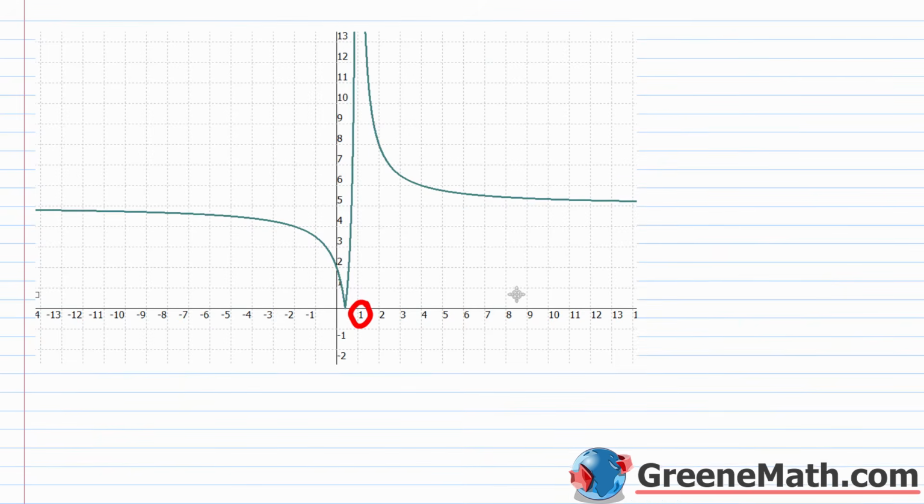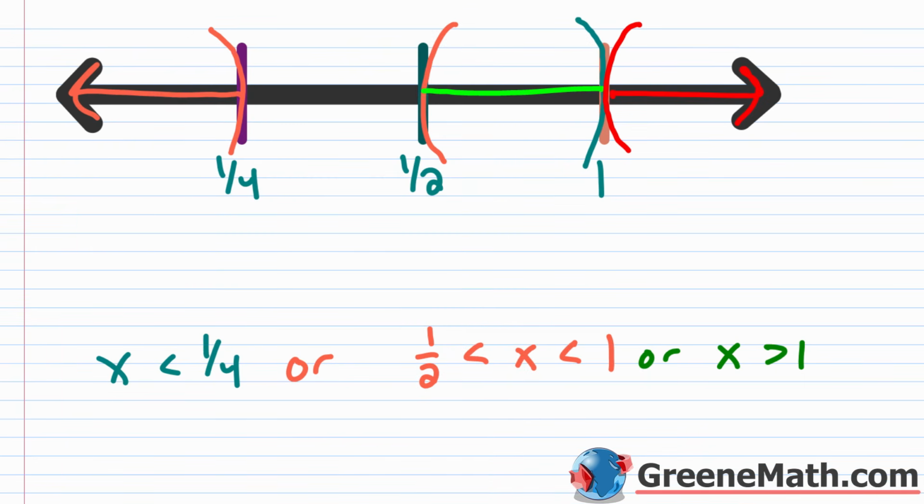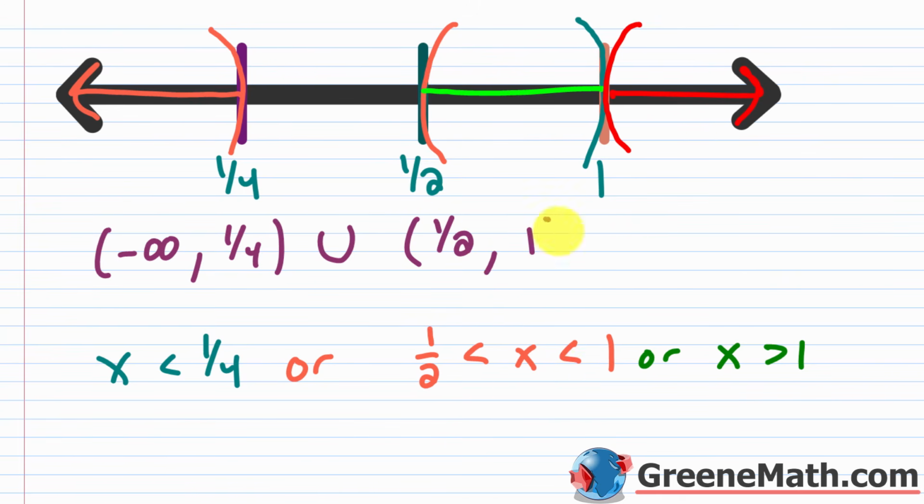For right now, let's go back and think about this in interval notation. Basically, I would start with this one. You have from negative infinity going up to and excluding 1/4, so a parenthesis with each. And then the union with anything between 1/2 and 1, so a parenthesis next to 1/2 and a parenthesis next to 1. And then a union with anything that's greater than 1, so a parenthesis next to each.